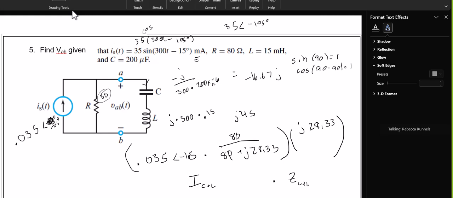It says 200 microfarads, and I put in 300 microfarads. You put in 300. Oh, no, that's the omega. Never mind. So omega is 300. So you would subtract 90. No, no. What is what you're saying? No, it's already subtracted. No, no.